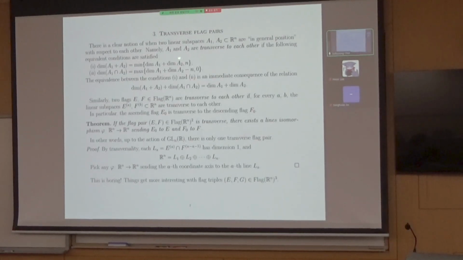So if you take the sum, its dimension should be the sum of the dimensions. Except it cannot be more than n, right? You're in a subspace of Rn. So it's going to be the minimum of these two numbers. Okay, that's a good notion for transversality.